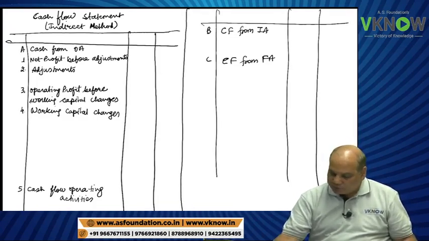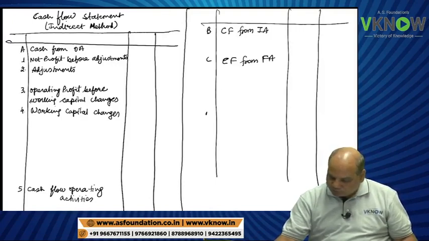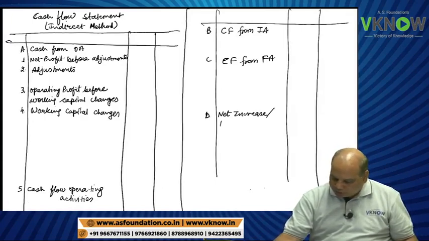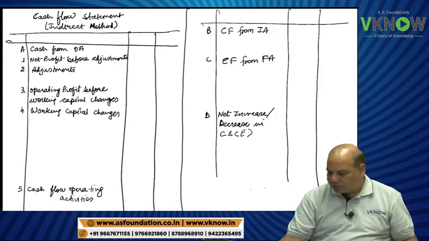Keep 5 lines blank. Point number D, net increase or decrease in cash and cash equivalent.